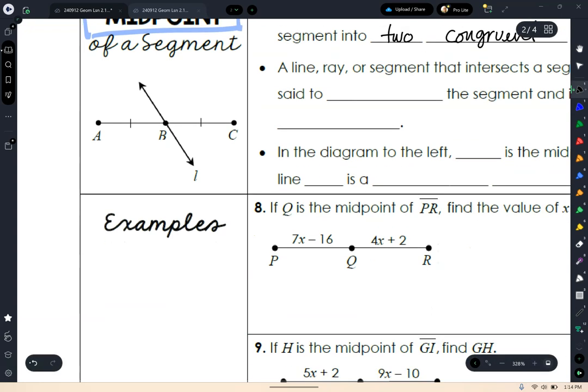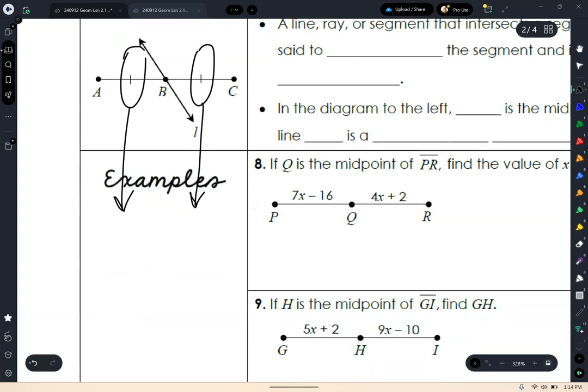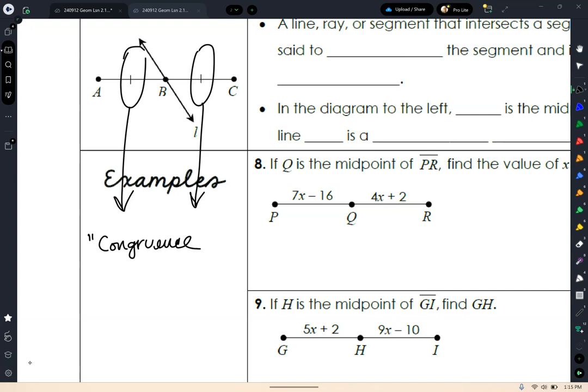So here's how we know that. We've talked about these a little bit, but let's be real specific. Draw a circle around that little marky thing right there. Shoot some arrows down here like this. Those two little hash marks there are congruence marks.